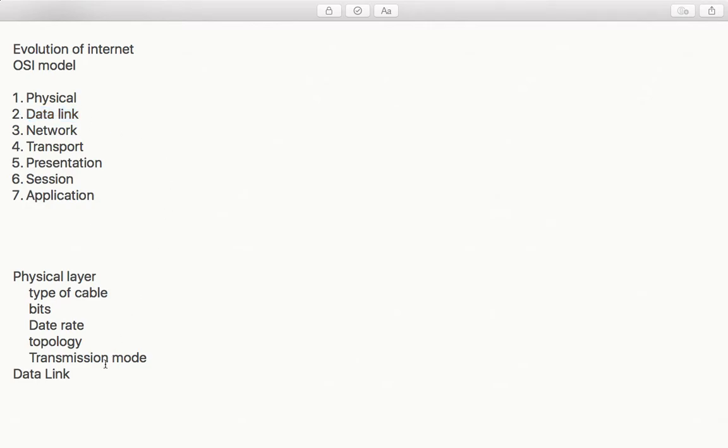In the data link layer, we call the data a frame. In the physical layer, we call it bits, and in the data link layer, we call it a frame. Nothing new in that. What the data link layer will simply do is add a header and a trailer to the sequence of bits, and that makes a frame. So this is one responsibility of the data link layer.